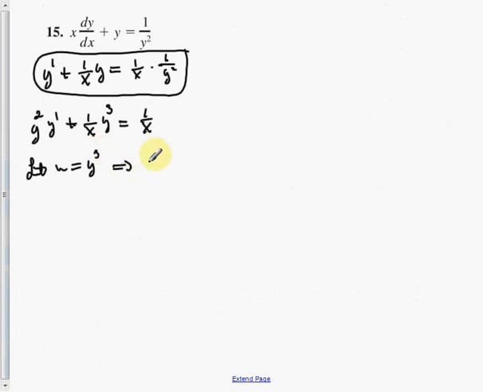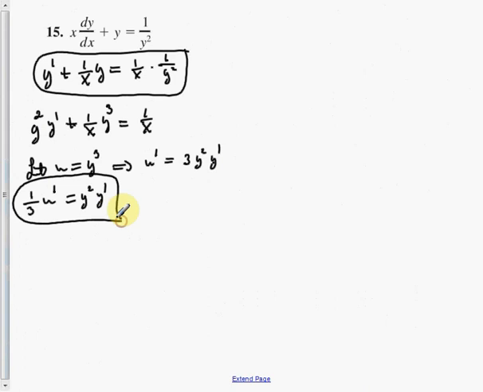Differentiate through here, so this gives us u prime is equal to 3 y squared times y prime. Now up in the problem is y squared y prime. It's not a 3, so I can write this as 1/3 times u prime is equal to y squared times y prime.